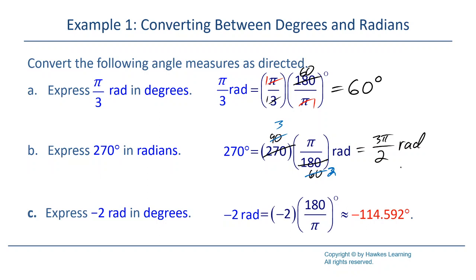So negative 2 radians is almost a third of a turn around the circle. So that's kind of what that means if you want to think about it physically as an angle that you're turning.